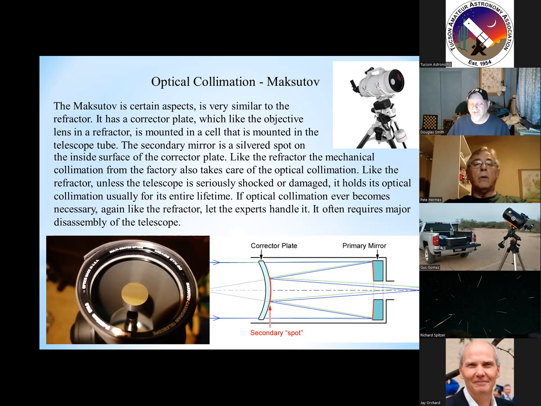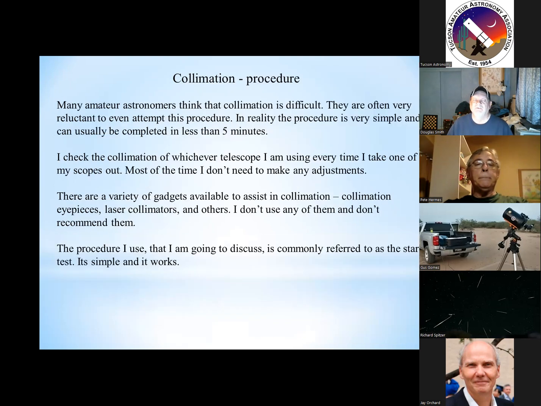But these are the two types of telescopes where optical collimation is usually never required, because usually they hold their optical collimation for as long as you own the scope. Now, a lot of amateur astronomers, you say the word collimation to them and they run away and hide.